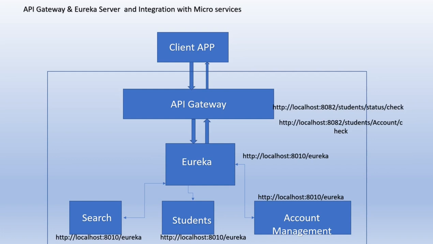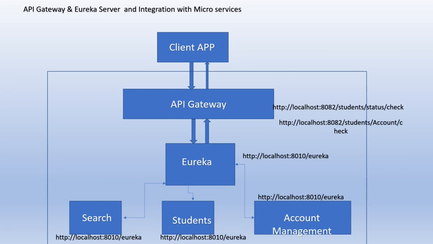It can be hundreds of services, it can be thousands of services, and the API gateway balances the number of loads. And Eureka is a registry service. We can say Eureka is a registry service, and it maintains the inventory of all the services, and integration with the microservices.